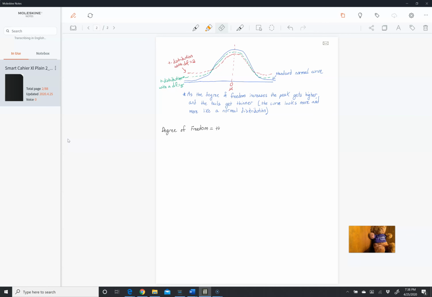So this is the number of free choices left after a sample statistic such as the mean is determined.